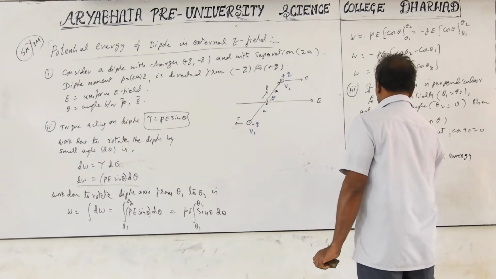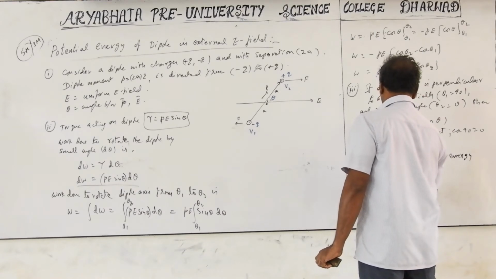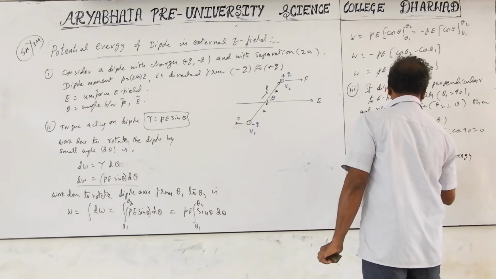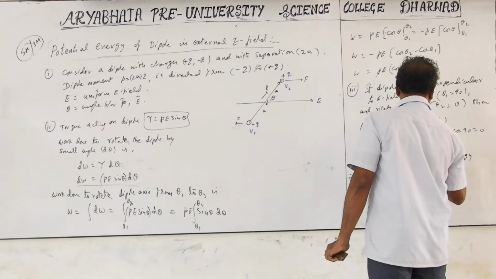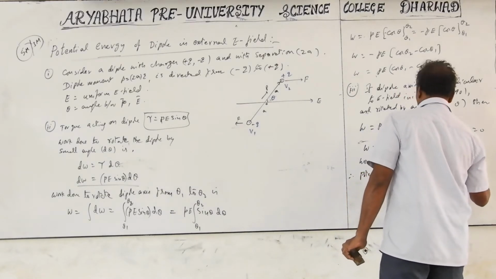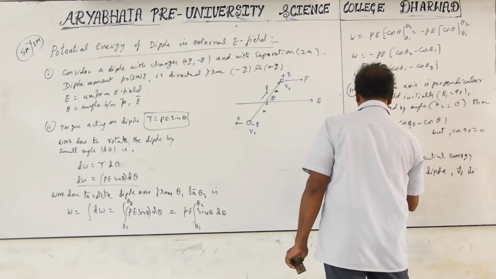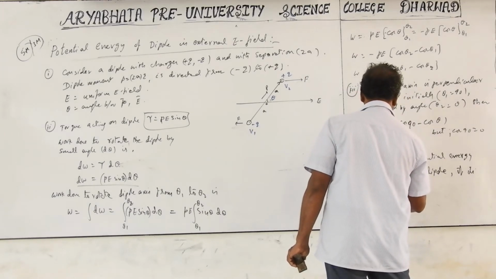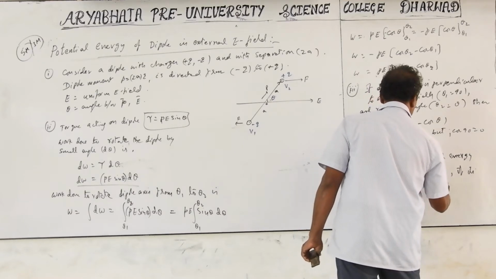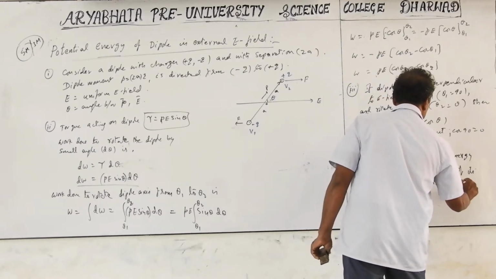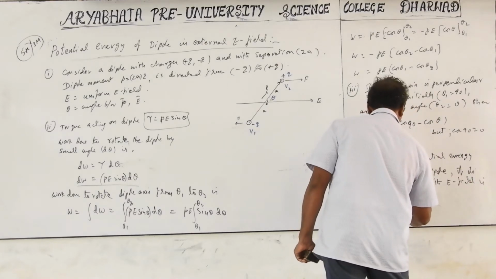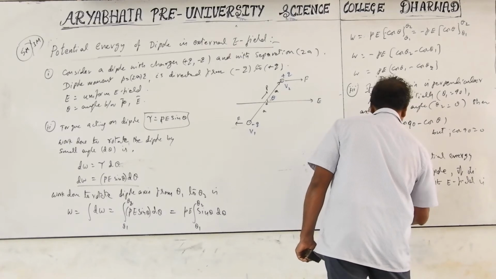Therefore, potential energy of a dipole, if its axis makes a single angle theta with the electric field, is U equals minus PE cos theta.